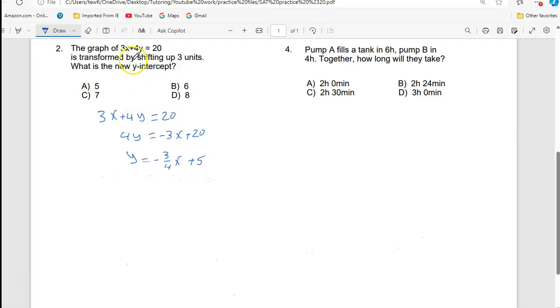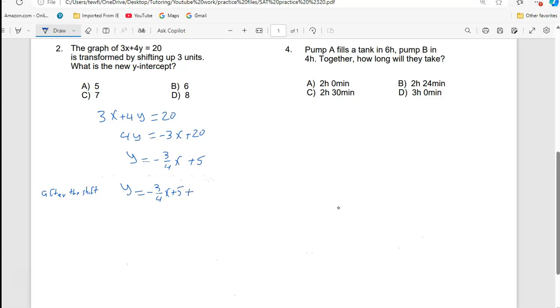So if we move it up 3 units, we're going to add. The new y, after the shift, is y equal to negative 3/4 x plus 5, right?